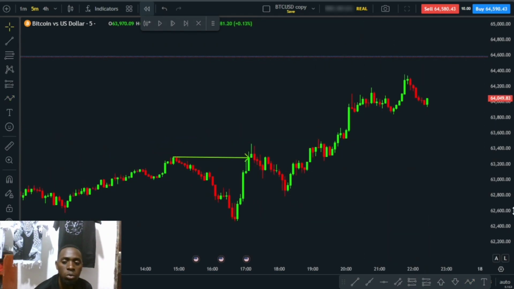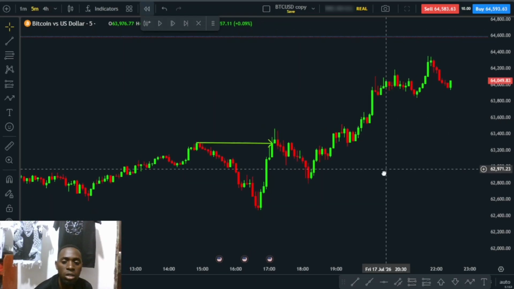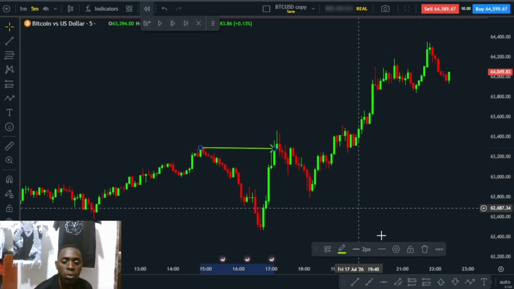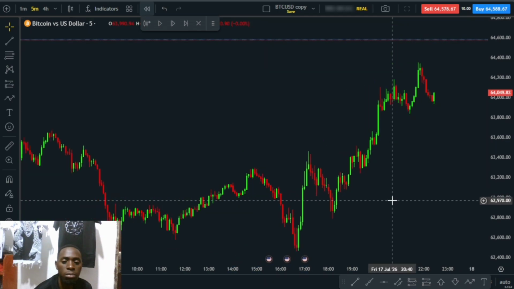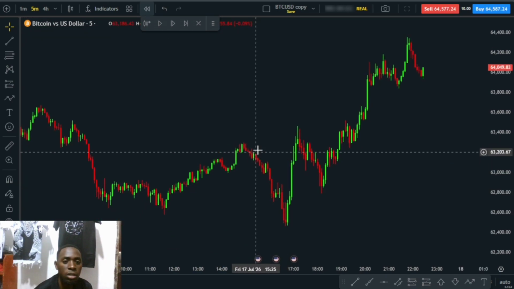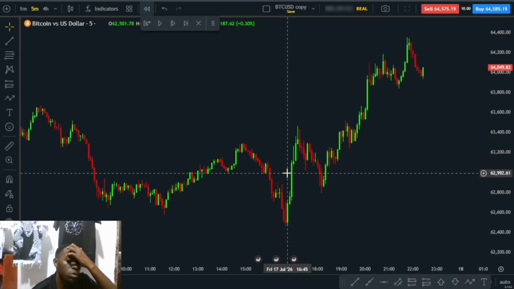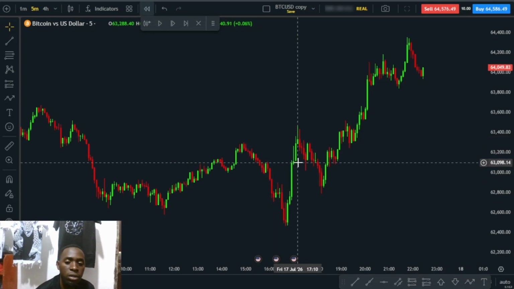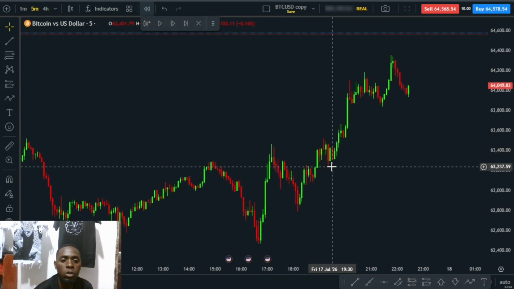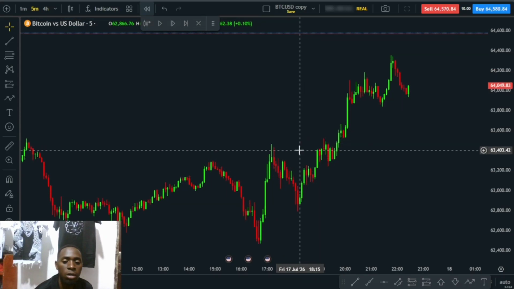We are looking to trade in the direction of the higher time frame, which means we are going to be looking for the buy. What determines that the market is about to change direction from a bearish pullback to a continuation, which is the bullish momentum?